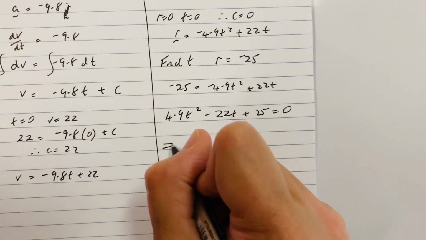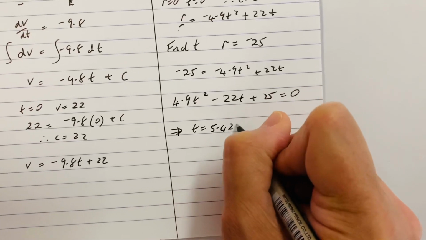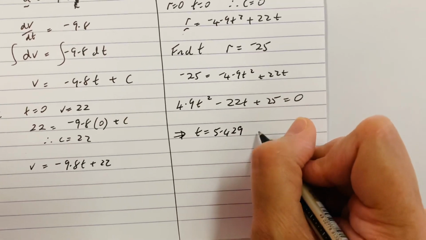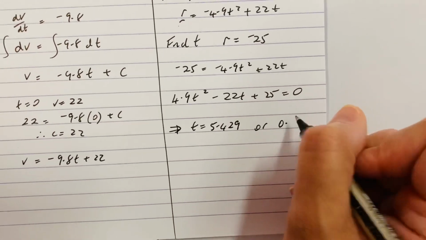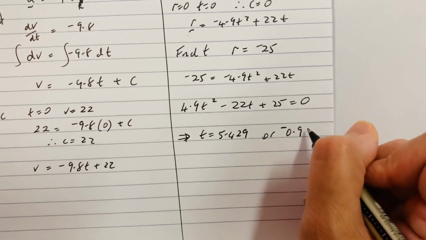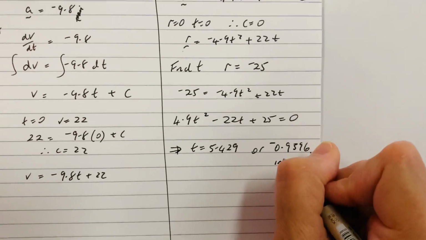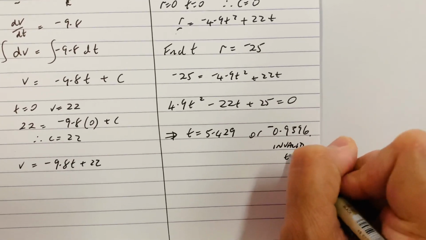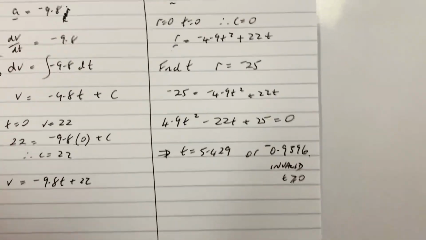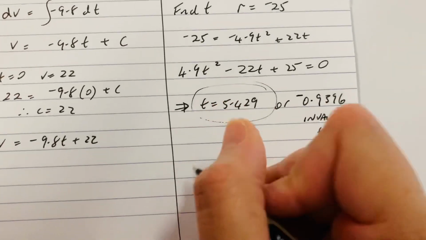From that, we get that t equals 5.429 or negative 0.9396. We know this one's invalid because t is bigger than or equal to 0. So this is our answer.